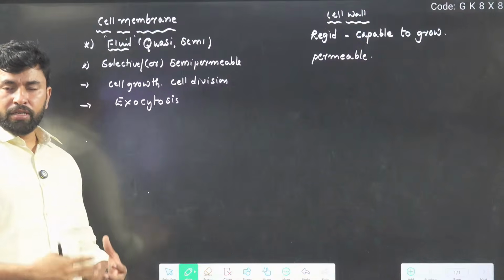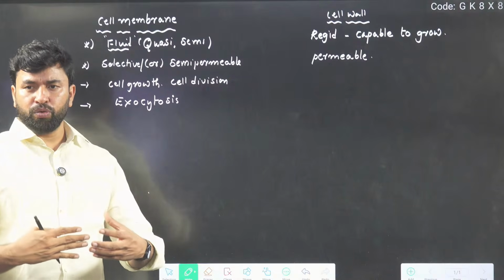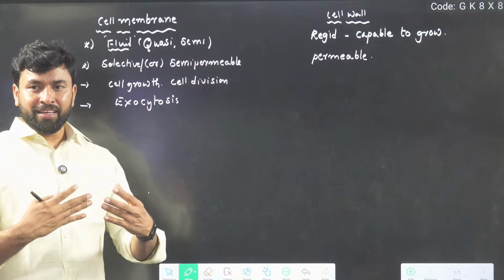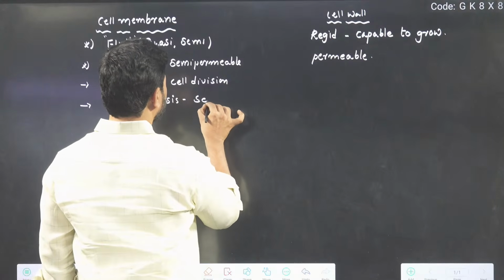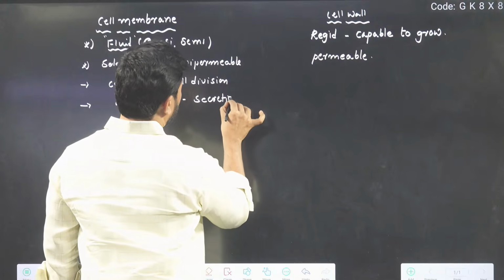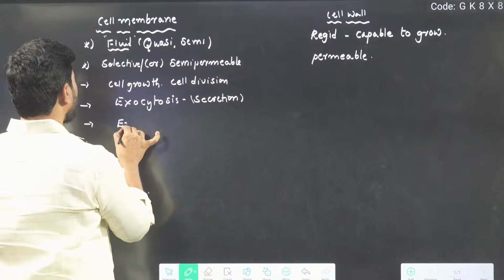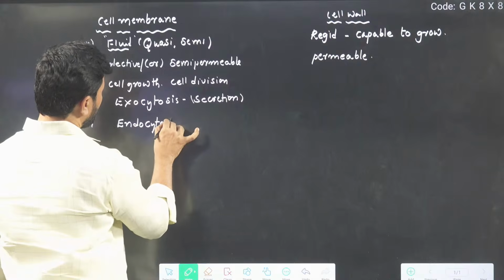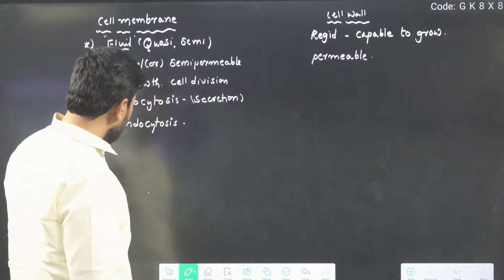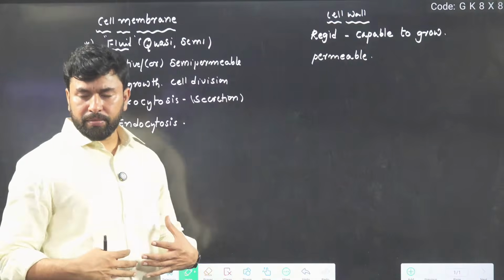Exocytosis means something going away from the cell, the cell secreting something. Some cases it will also have endocytosis nature. Endocytosis means taking inside the cell.